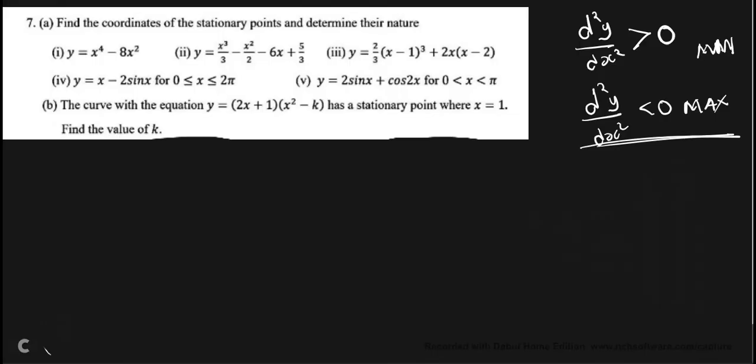So on 3, which is A3, y equals 2 over 3, then x minus 1, then cubed, plus 2x, then x minus 2, like that, right? Those are the ones that you are having, right?